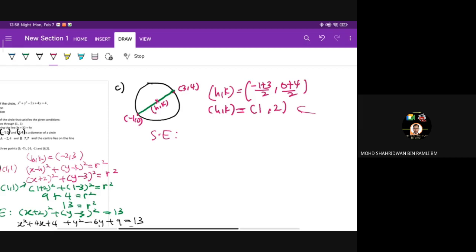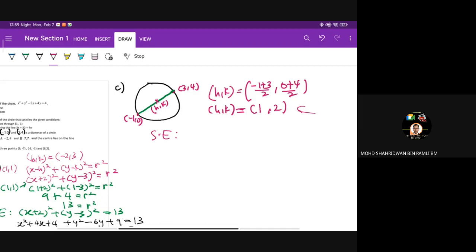That is based on experience, so you need to do more exercises. When you look at the equation, you will know whether the standard equation is easier and simpler, saving more time, or maybe the general equation.